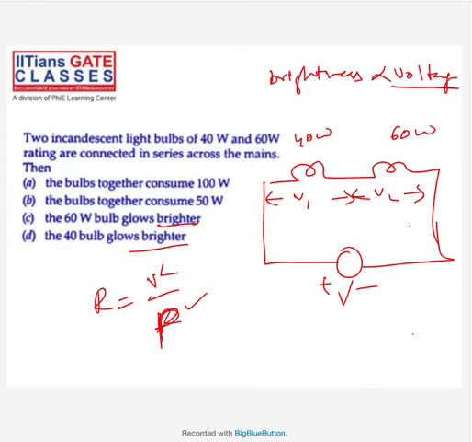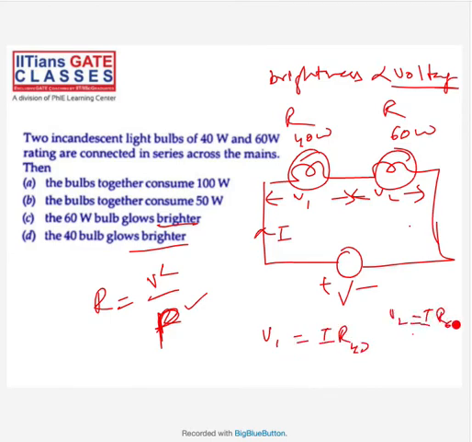V1 is nothing but the current I into this resistance, R40. V2 is nothing but I into R60. So V1 is equal to I into R40, V2 is equal to I into R60. Which one will have more voltage drop? Depends upon the resistances. Which one will have more resistance, R40 or R60? It is inversely proportional.